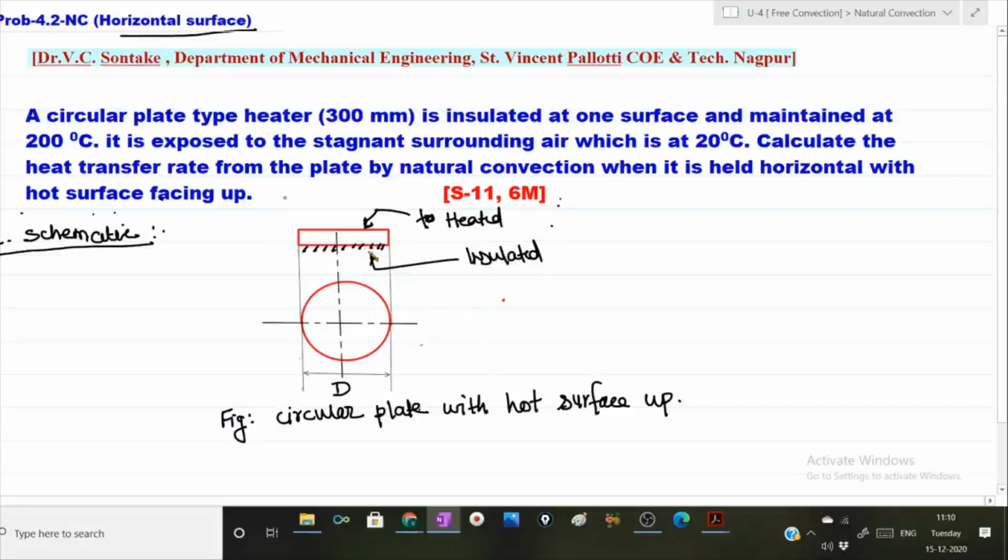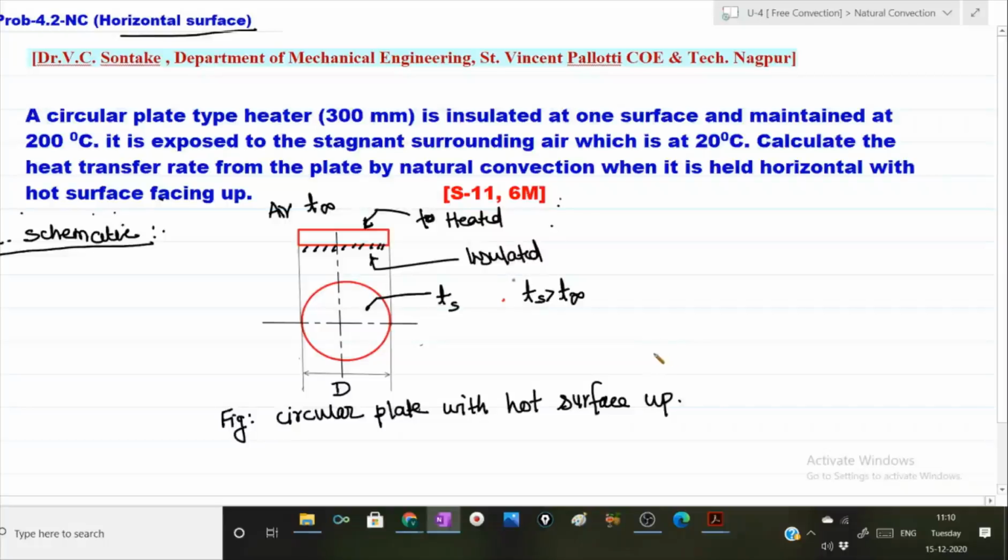This heater is exposed to air, let's say at temperature T infinity, and surface temperature of this heater is, let's say, Ts. Obviously Ts is greater than T infinity.